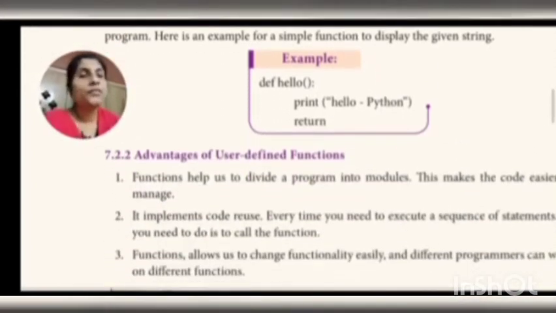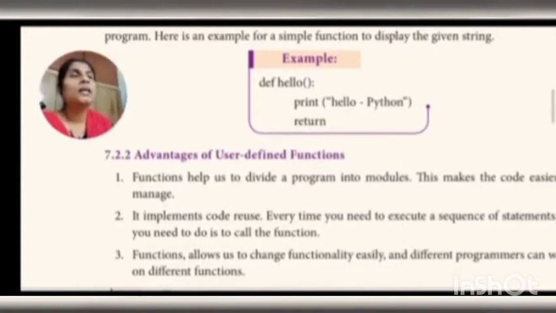Advantages of user-defined functions. We already saw that user-defined function means functions written by the user. We are the user. So why do we have this user-defined function? First, to divide a program into modules. Modules are like small blocks. So it can be clear. They can be divided into modules.